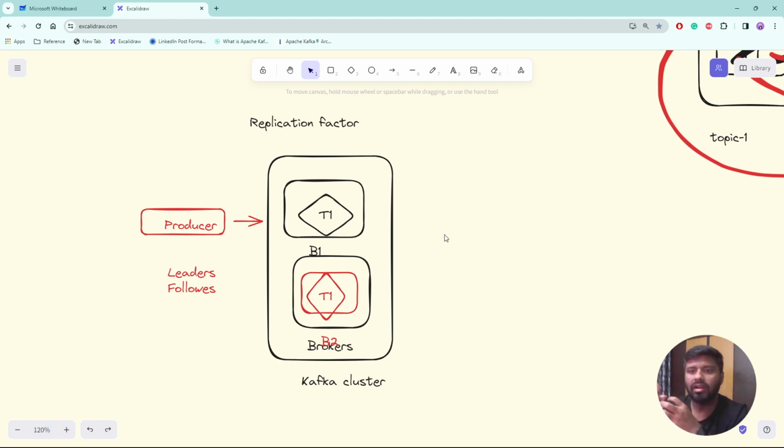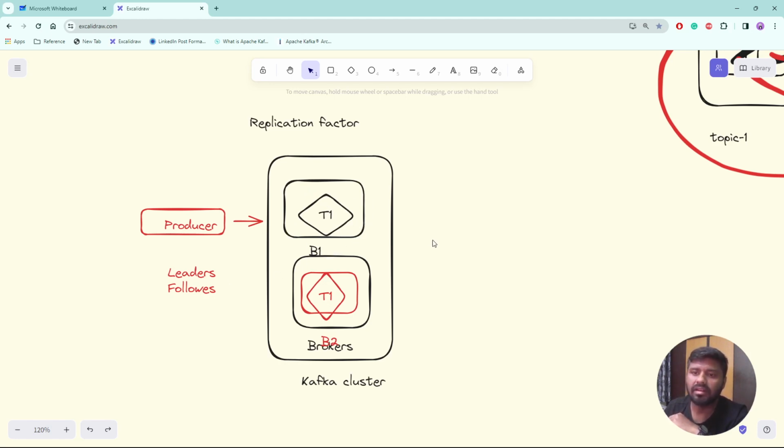So whichever broker has been assigned at the very first to keep the record, that is called the leader. For this case, this broker B1 is one of the brokers identified by the manager, and it is the first broker storing the information produced by the producer.